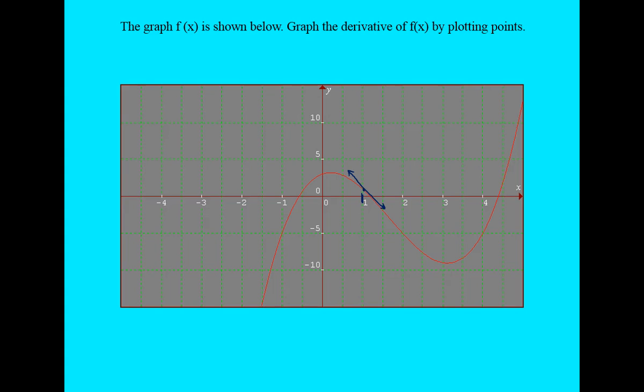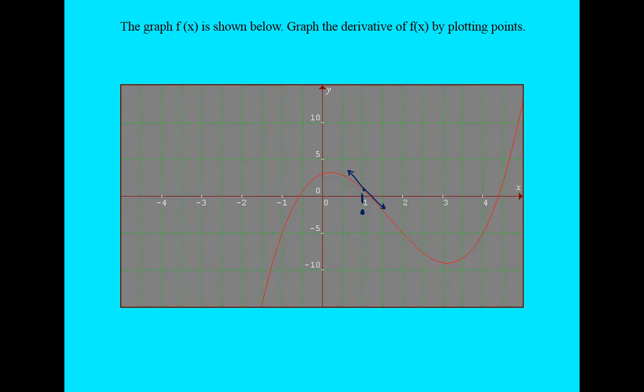And if I just estimated that slope and plotted a point, say I thought the slope of the line was negative 1/4 or negative 1, whatever I think it is, I'm going to plot the point for x equals 1 for the derivative graph that equals the slope of that tangent line.